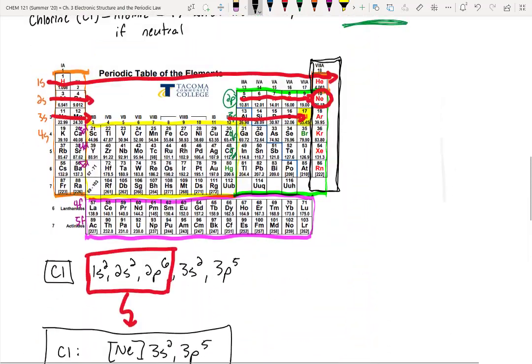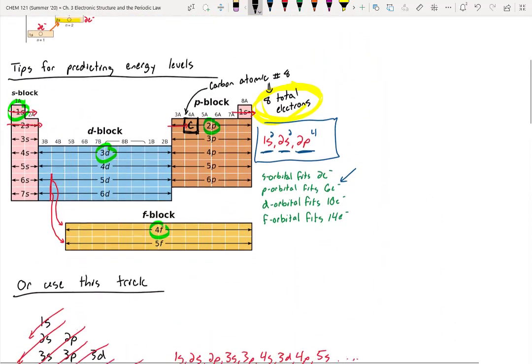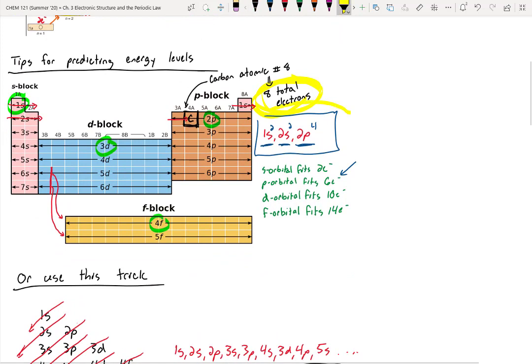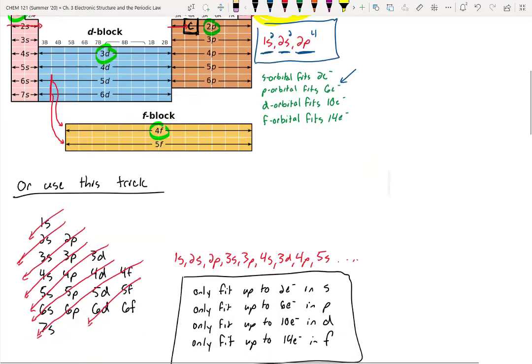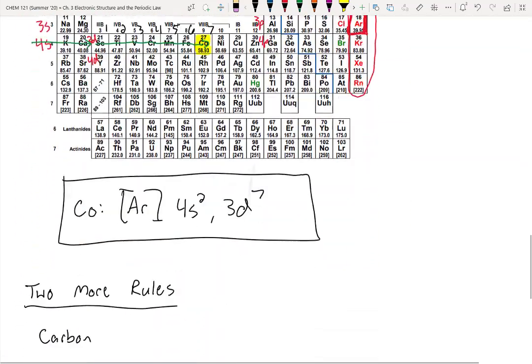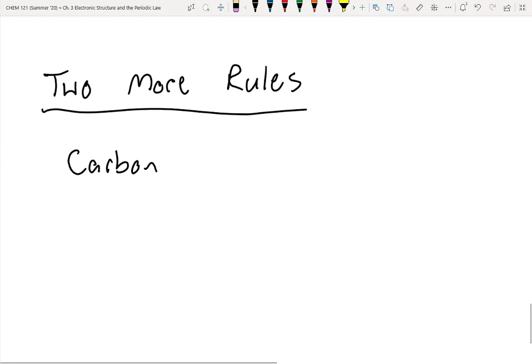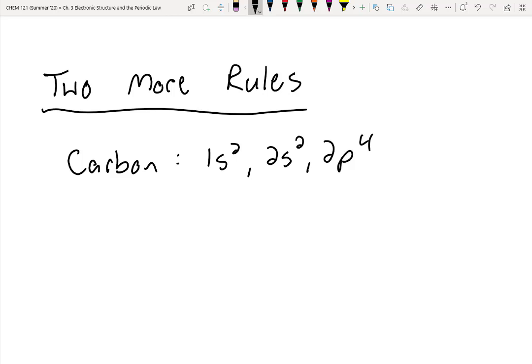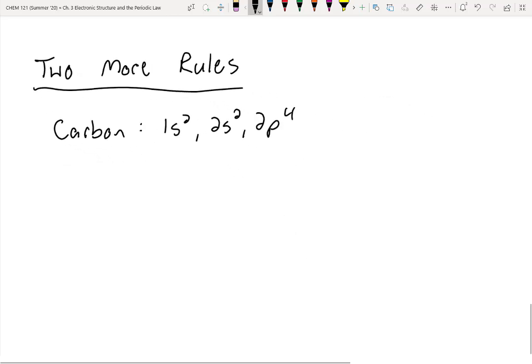And we said up here when we did carbon that the electronic configuration was going to be 1s2, 2s2, 2p4. So let's just copy this down. So we said it would be 1s2, 2s2, and then 2p4. That was our electronic configuration for carbon.